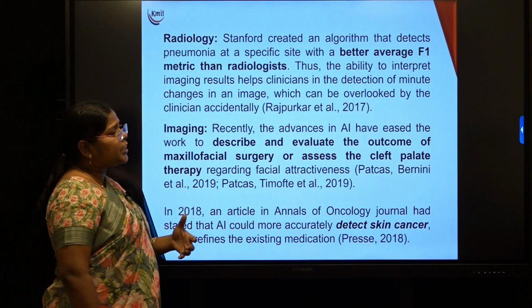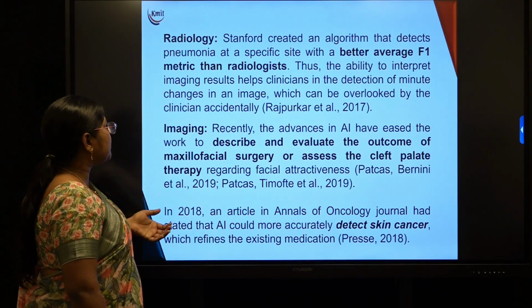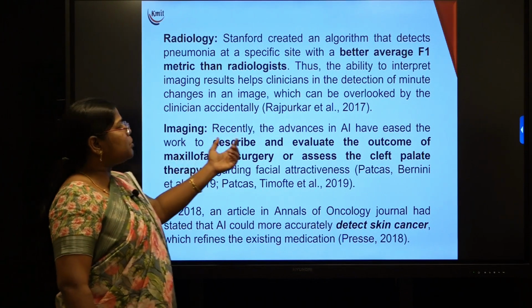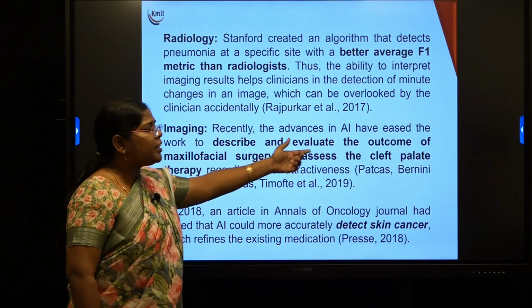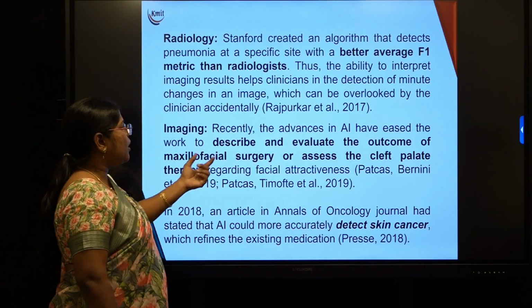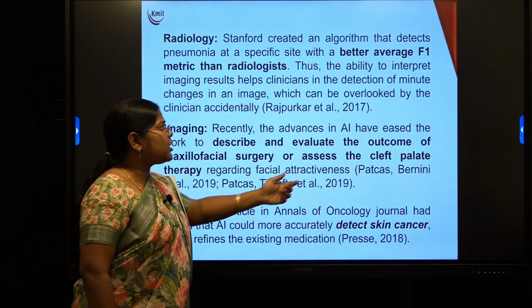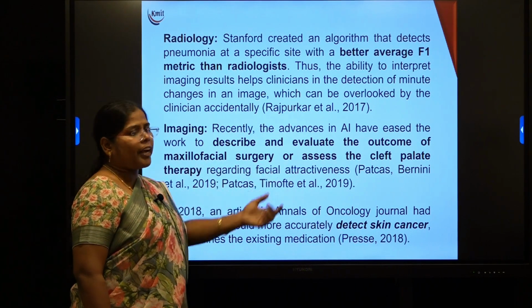Later, imaging and updates have increased, so the advancements in AI have eased the work to describe and evaluate the outcomes of maxillofacial surgeries or assess cleft palate therapy regarding facial attractiveness.